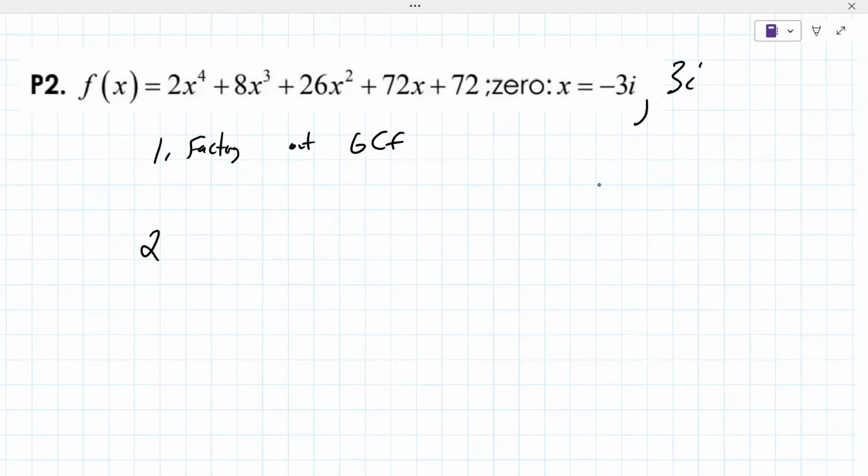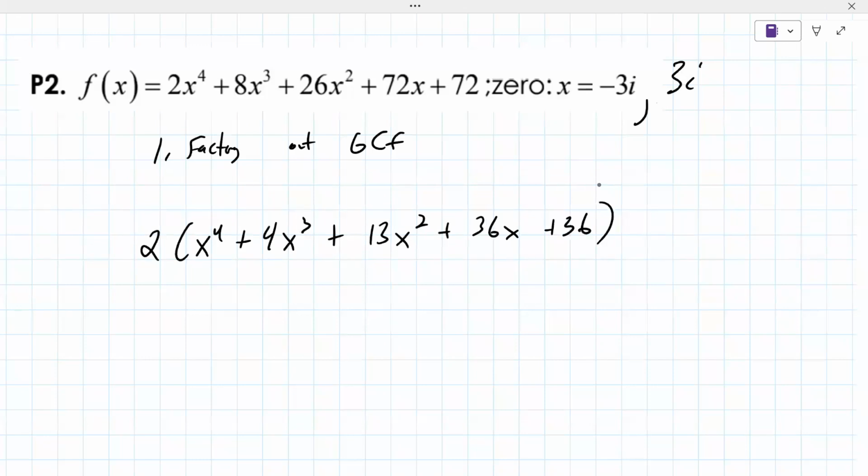You can see that this has 2x to the 4th plus 4x cubed plus 13x squared plus 36x plus 36. So I would fully expect your teacher to have something like this on a test or quiz so that it just takes you longer to manipulate the numbers. So I would generally recommend starting with the positive one, 1, 4, 13, 36, and 36.